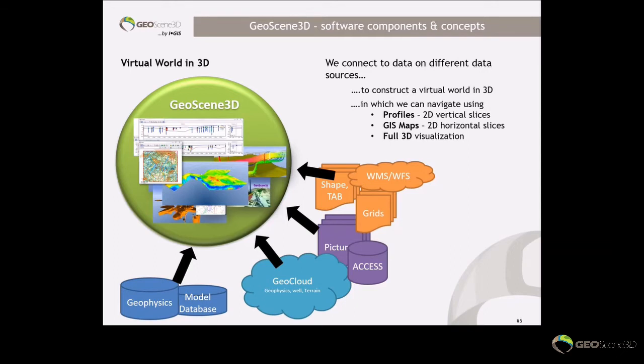In this virtual world, we have 3 tools that help you navigate and inspect your data. First of all, we have the profiles, cross sections, which are these 2D vertical slices. Next, we have the GIS map, which is basically a 2D horizontal slice. And last but not least, the main thing here, a full 3D visualization of everything.